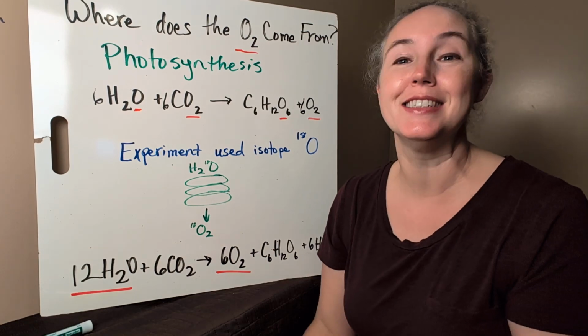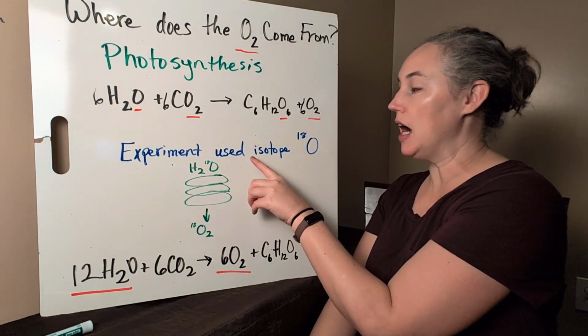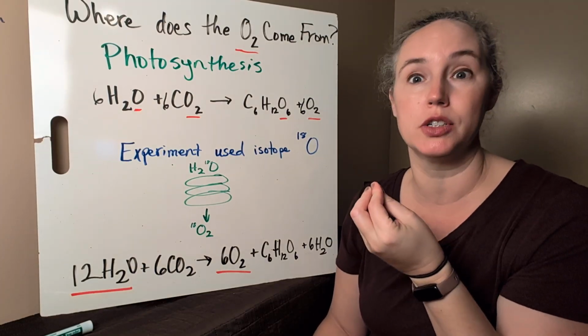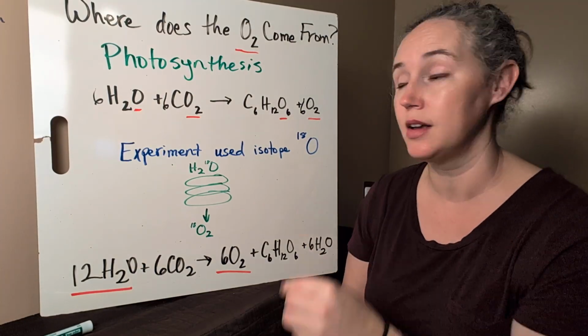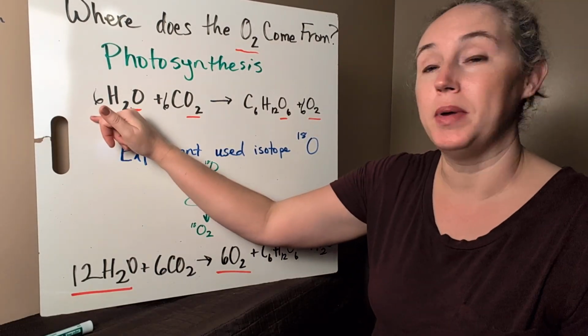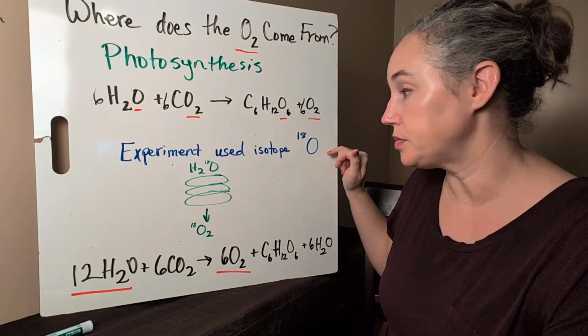Well, scientists did an experiment to find the answer. They used an isotope of oxygen, which is a heavier version, a version of an oxygen atom with more neutrons, called oxygen 18. And they made water molecules that had oxygen 18 in them.